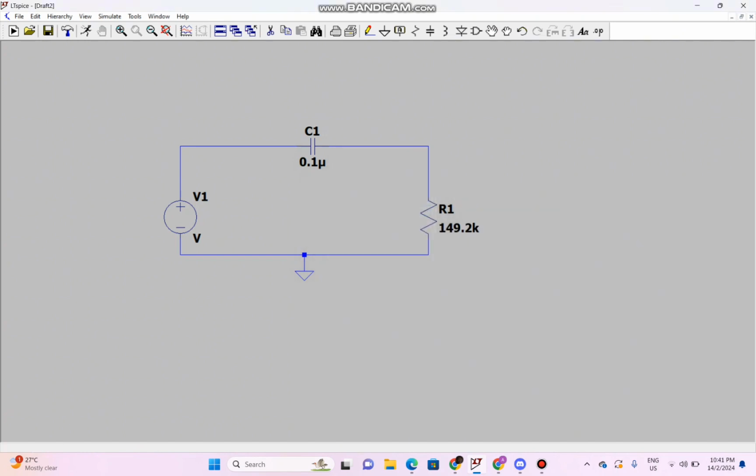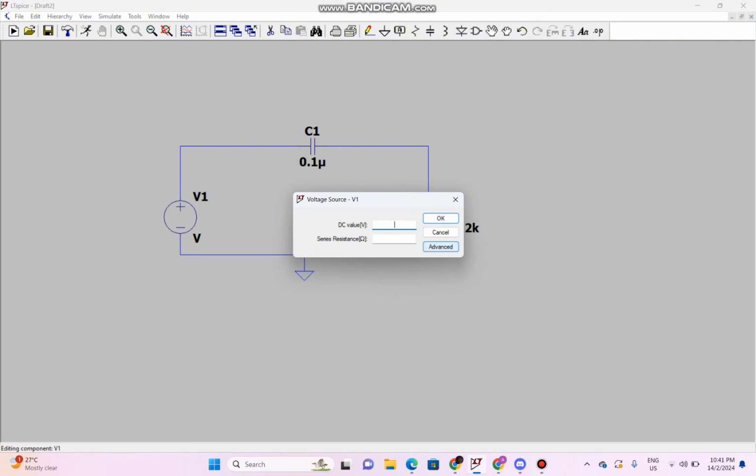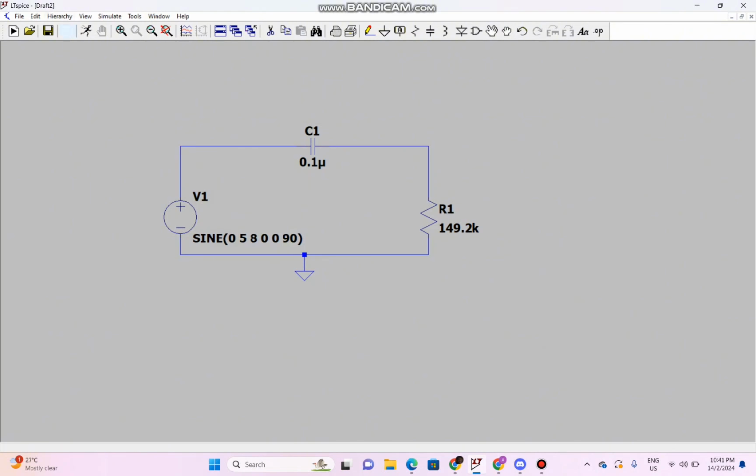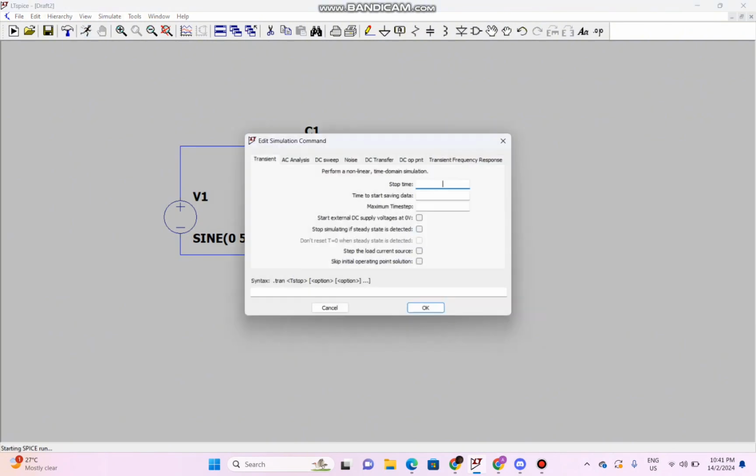Then click advanced, look for sine, offset is 0, amplitude is 5, frequency is 8 according to the calculation, and the phase is 90 degrees. Then we click on this running man to run this circuit. Stop time, we put 10.